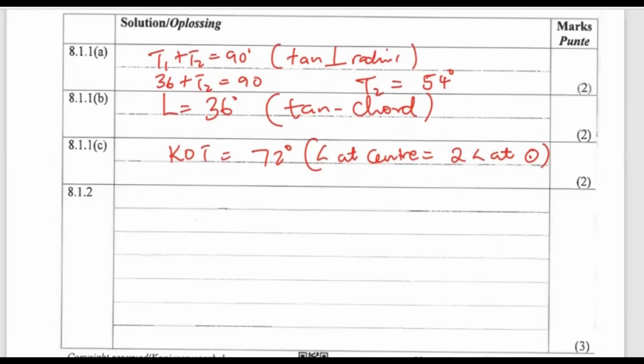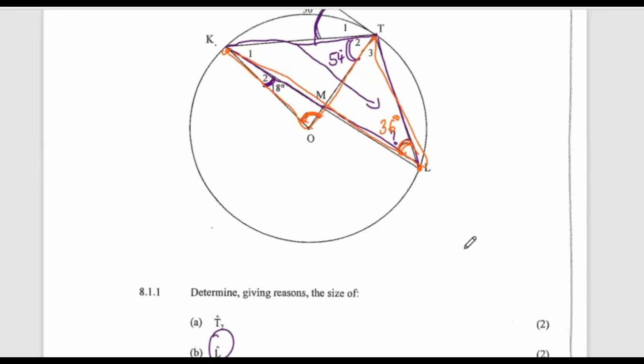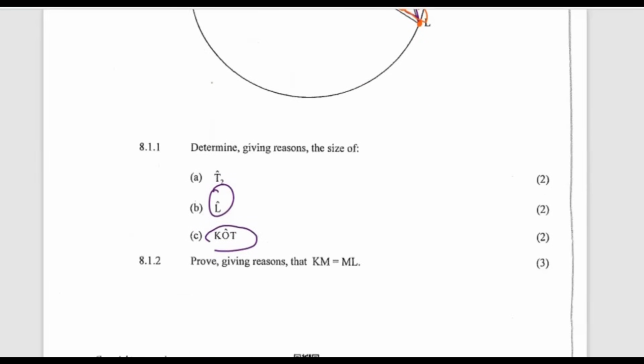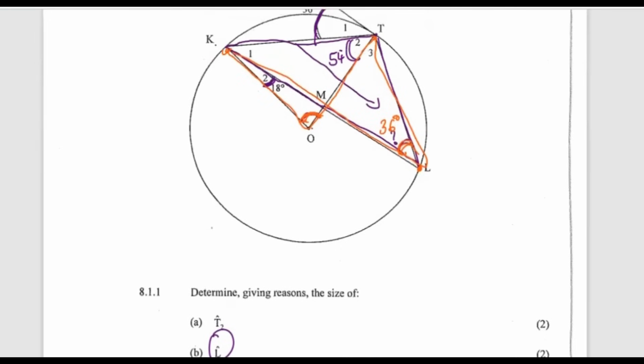So that is 8.1.2. Can we prove that KM is the same as ML? KM is from here up here, the same as ML. So if this is 36, this is 54, and this line is common.